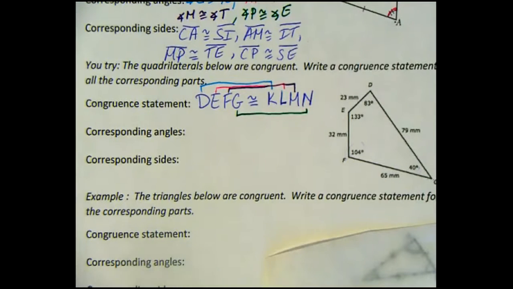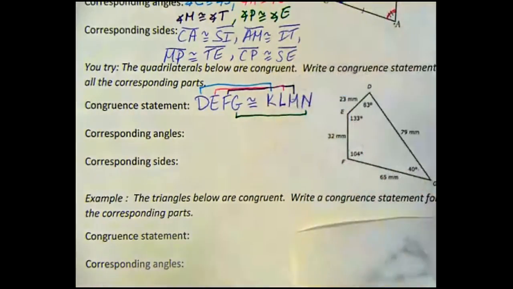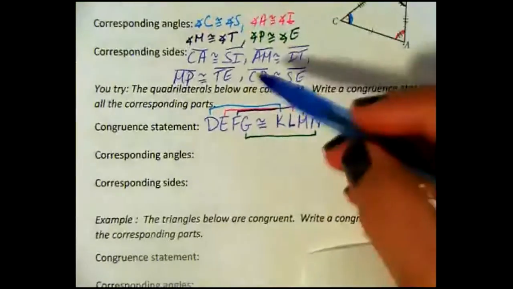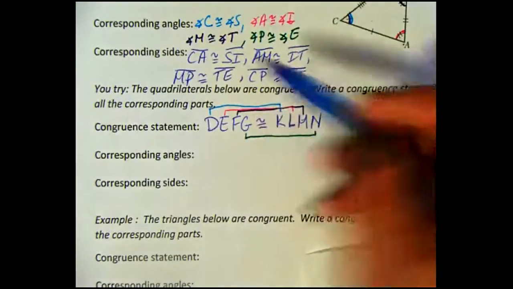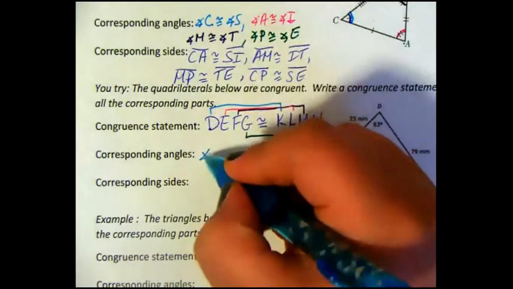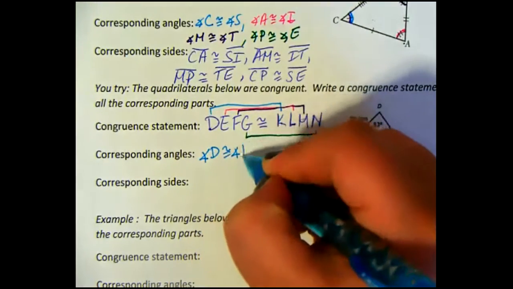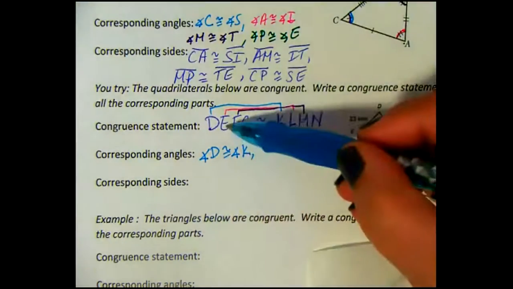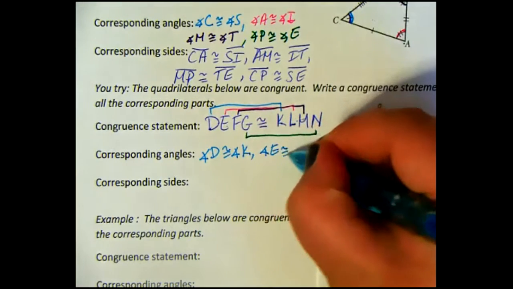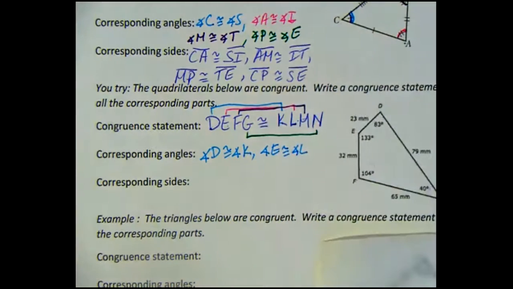If I wanted to identify my corresponding angles and sides, then I could just use my congruent statement here, or I could use my figures here, okay? But if I use my congruent statement, very simply, I have angle D is congruent to angle K. I have angle E is congruent to angle L, literally just by the placement.